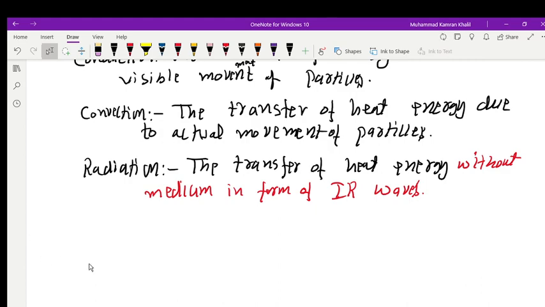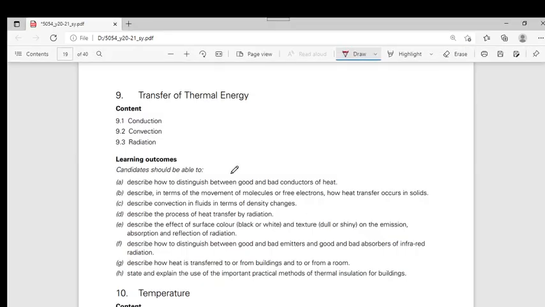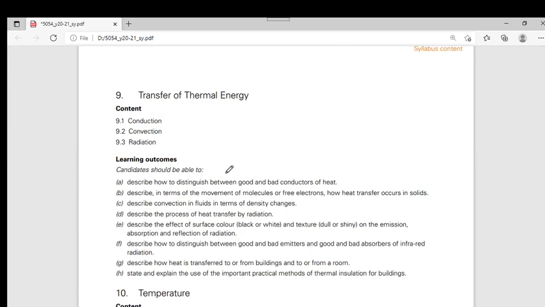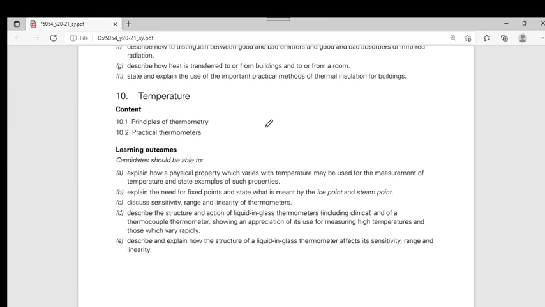Okay, now the next definition. Temperature. Now there are so many definitions related with this topic. So what is meant by ice point? What is meant by steam point?